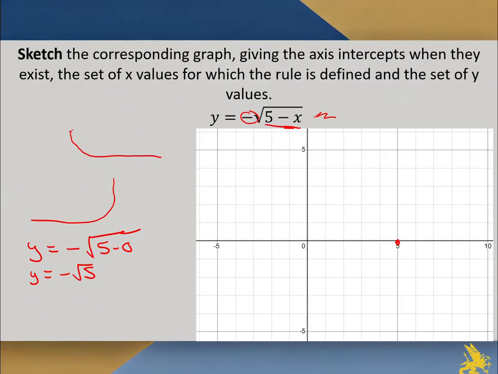Now, if I put negative square root 5 into the calculator, it's going to give me approximately negative 2.24. The negative 2.2 will be about here, and that allows me to graph approximately.